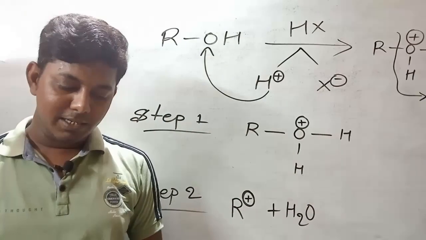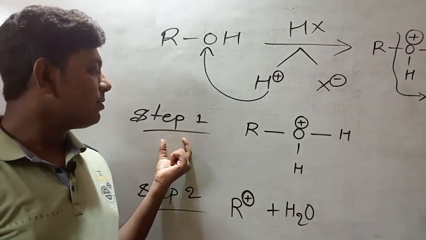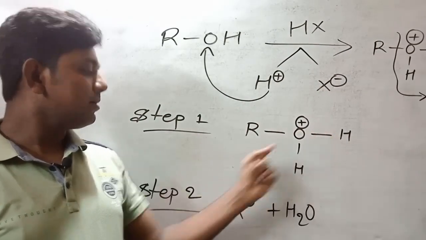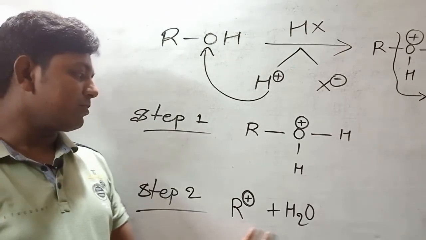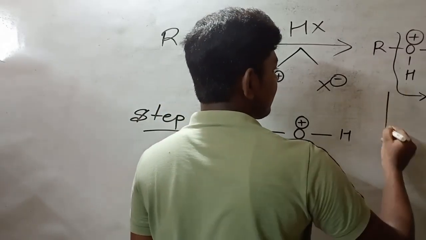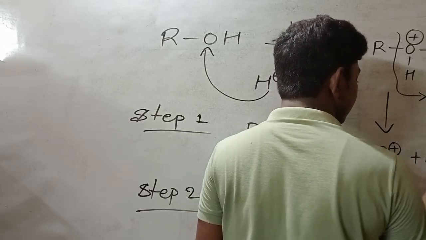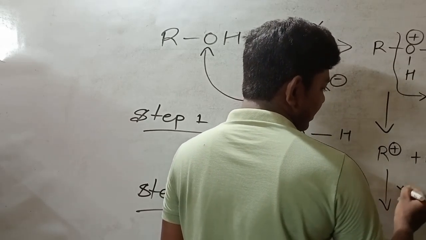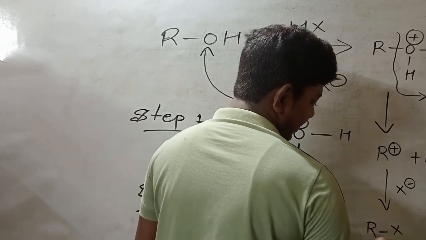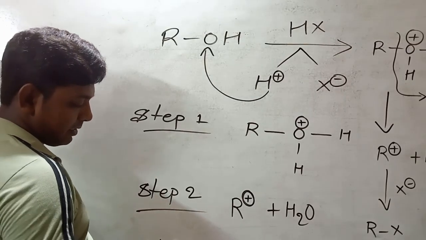So here this is the chain initiation step. This second step is known as the chain propagation step, and the third step, after the removal of the water molecule, is the addition of halogen atoms, forming RX. The third step is known as the chain termination step.